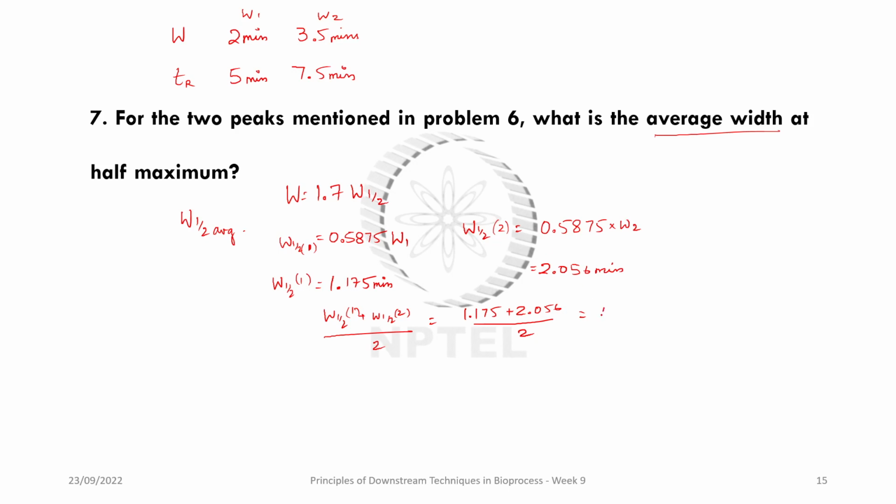So I'm getting 1.6156. So I'm just going to round it off at 1.62. That's a huge round off. Tell me if you get the same. Plus 2.06.